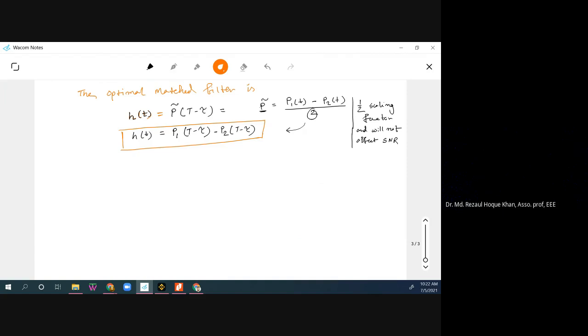If this is the optimal matched filter condition, you can replace it with the pulses. p1 is nothing but square root of 2 by T, cos 2 pi f1 t minus tau, minus cos 2 pi f2 t minus tau.